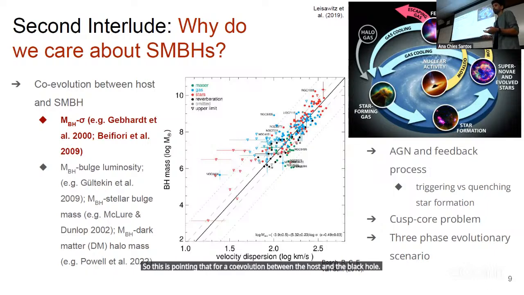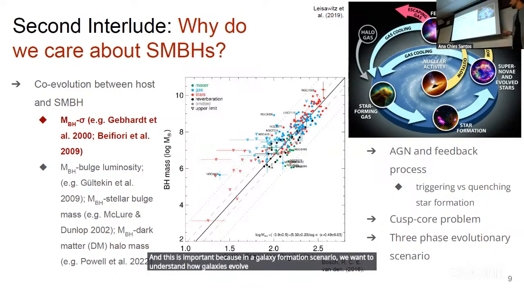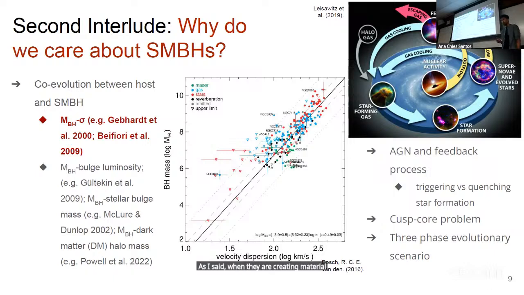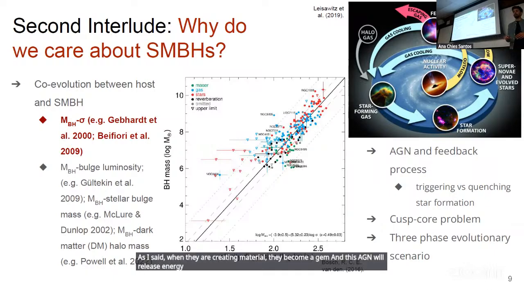And this is important because in a galaxy formation scenario, we want to understand how galaxies evolve through cosmic time, and black holes seem to be very important for the evolution of the galaxy. And just to mention another important thing about black holes, as I said, when they are accreting material, they become an AGN, and this AGN will release energy to the surroundings in the inner part of the galaxy.